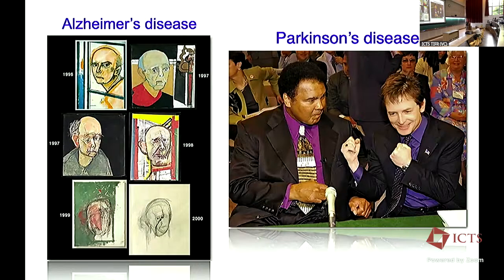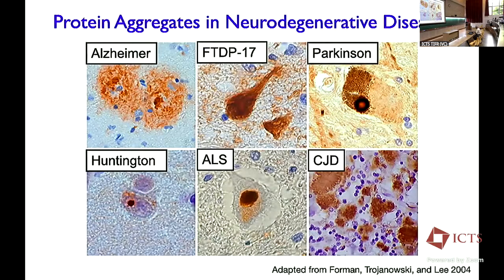So the idea is that different neurodegenerative diseases have different clinical features, but despite those differences in clinical features, all of the neurodegenerative diseases, the major ones, are associated with protein misfolding. So proteins in the brain of patients with these diseases become misfolded, and then they start aggregating and accumulating in the brain.